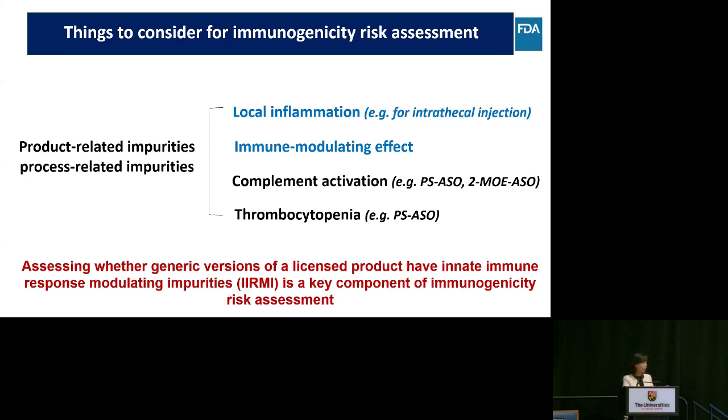Actually, those are very problematic for intrathecal injection products such as nusinersen, because local inflammation can pose a significant risk. And the IRMI assay can be used to assess the immune modulating or inflammatory effects of impurities. So I'm going to talk more about that in the next slides.